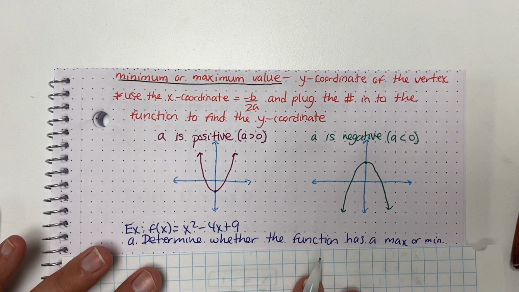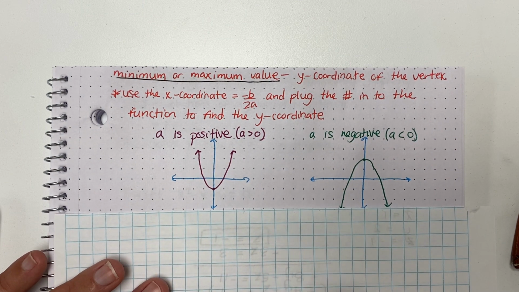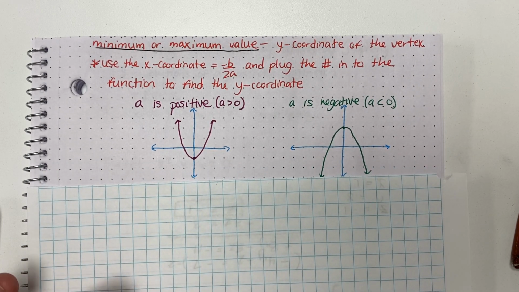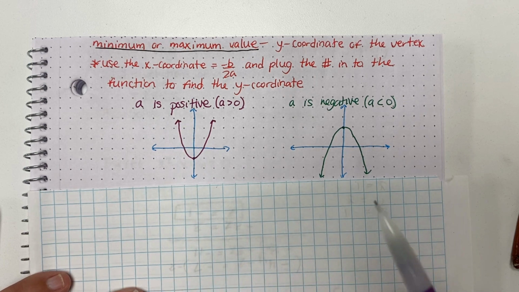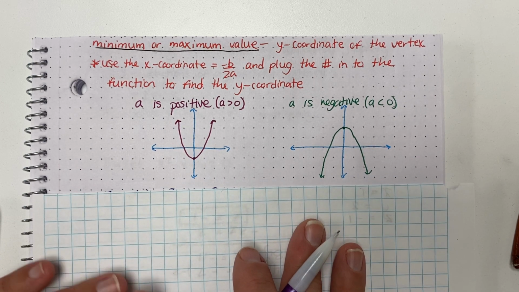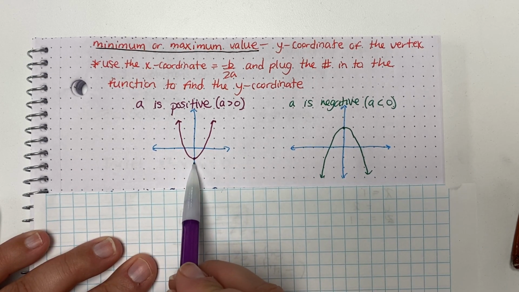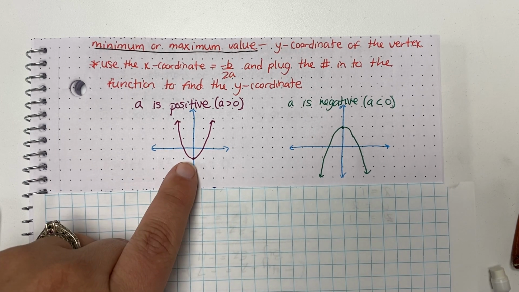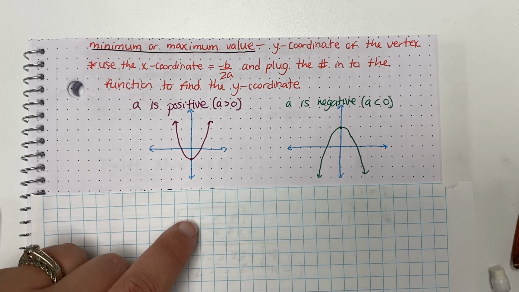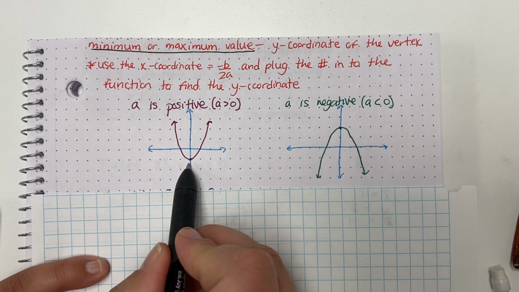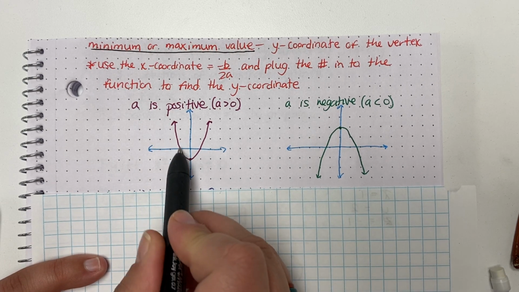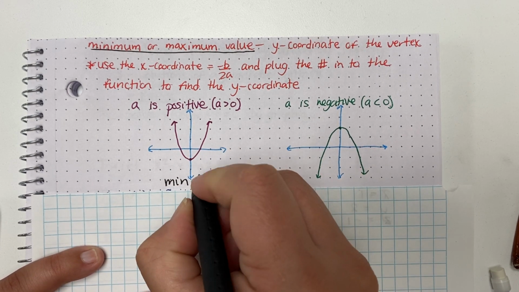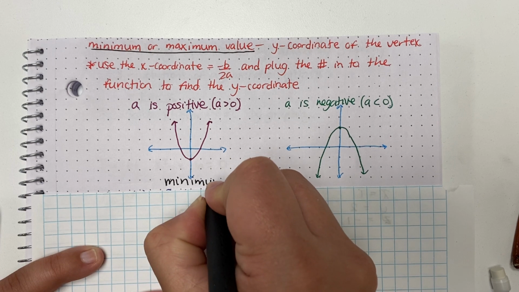So, some things about finding a max or a min. The first thing is you are going to have this picture right here. When our A is positive, that first number, this down here, it's on the bottom. It is the lowest point of my parabola. So that is going to be where we have a minimum.